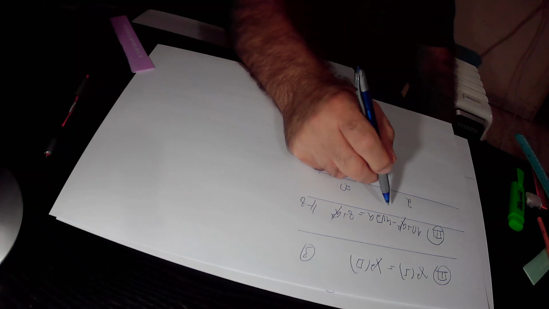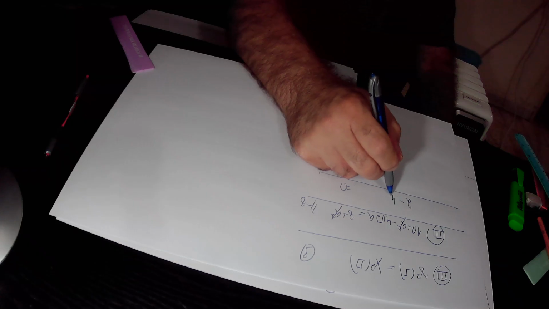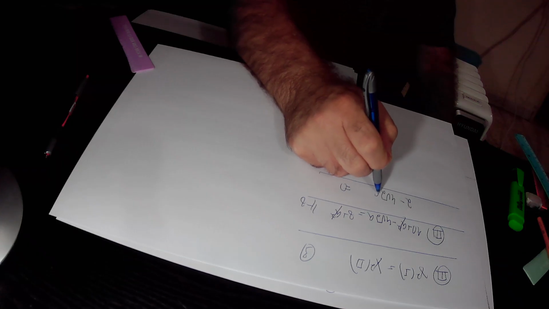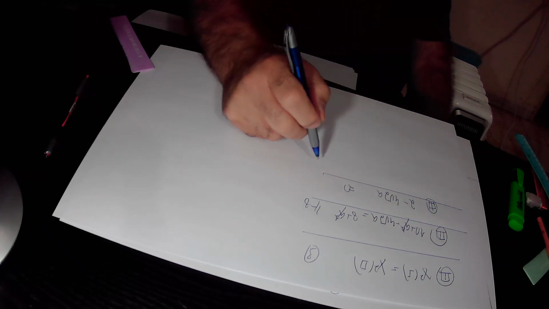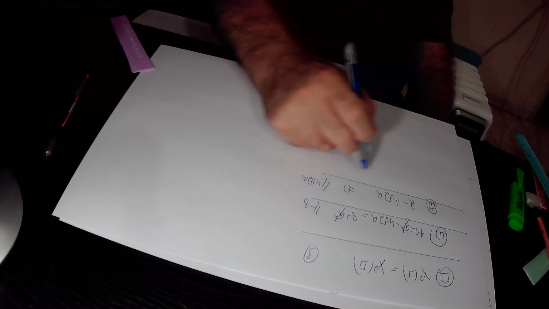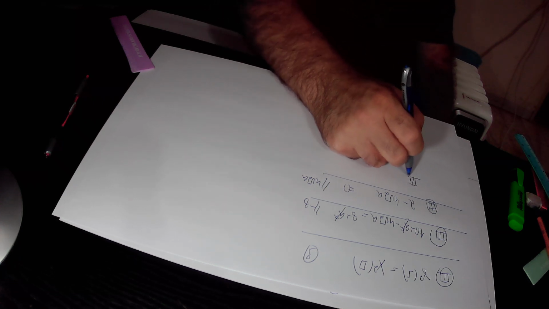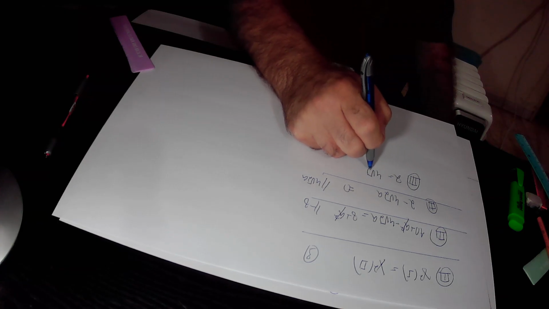So in total, on this side we have 2 minus 4 times square root of 2 times a equals 0. Moving the term across, we find that according to equation 3, 2 equals 4 times square root of 2 times a.